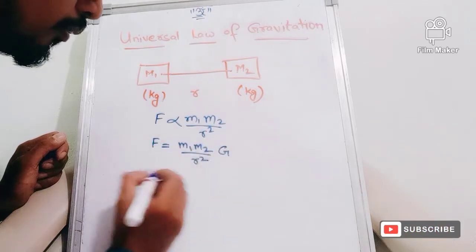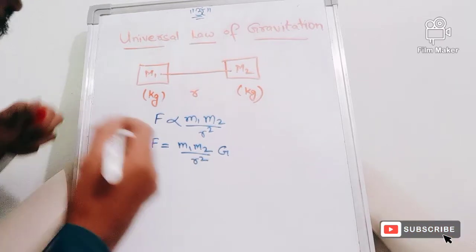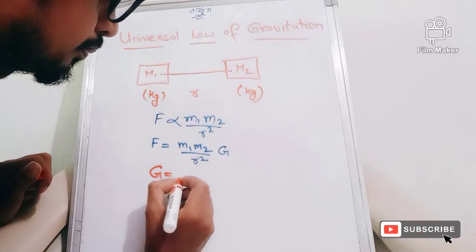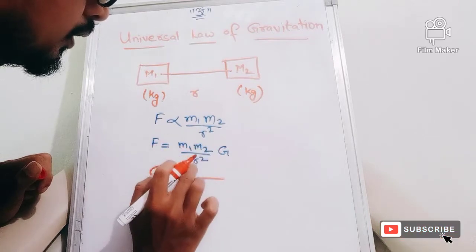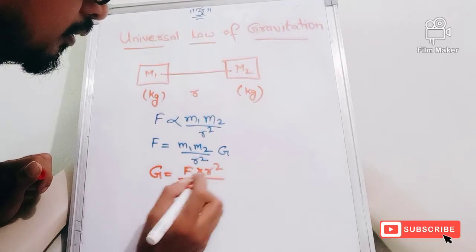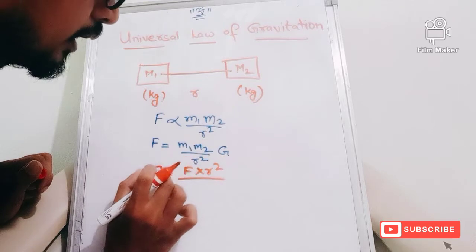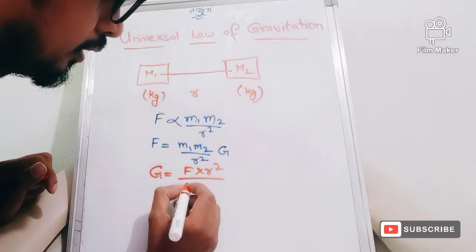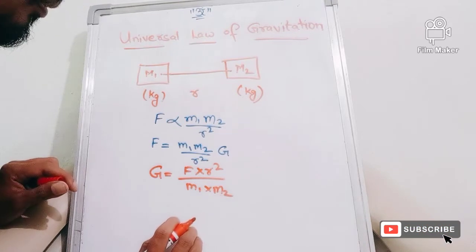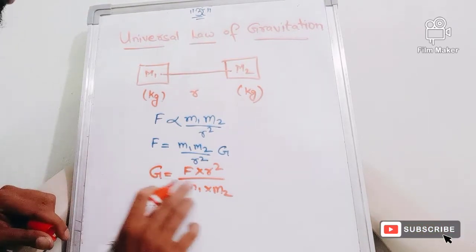Now we have to find the value of G. G will be equal to force times r square, which goes to the numerator, and m1 into m2, which goes to the denominator. So this is the formula for the gravitational constant.